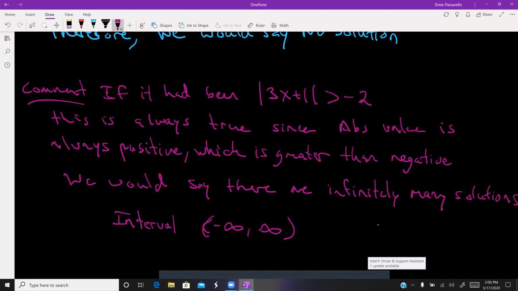So that's why I would say it's infinitely many solutions. It doesn't matter what x is, since you're taking the absolute value of some quantity involving x, and that quantity itself is positive. So the answer would have been negative infinity to positive infinity if that were the case.